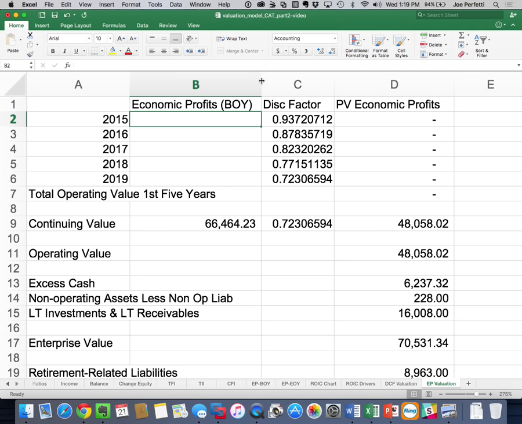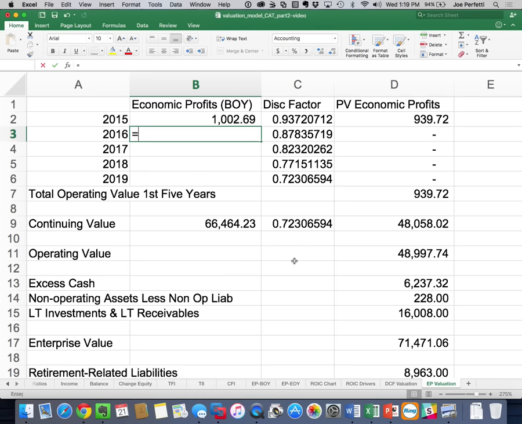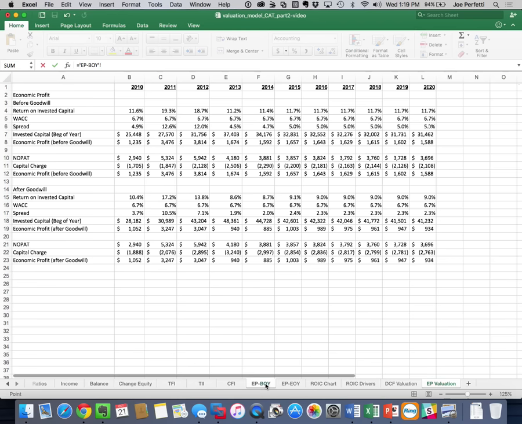So for 2015, off of the economic profit BOY tab, the forecasted 2015 economic profit after goodwill, which is this last row, is G23. 2016, forecasted economic profit BOY is H23.